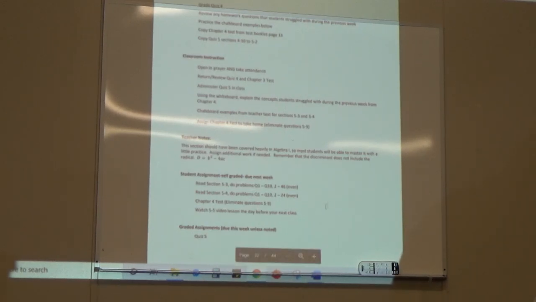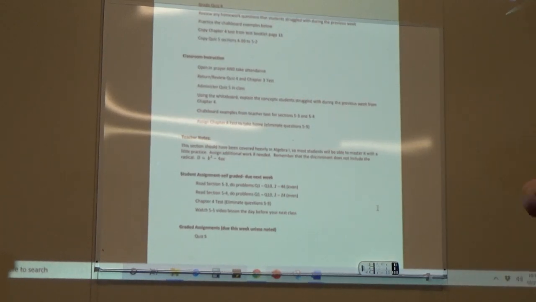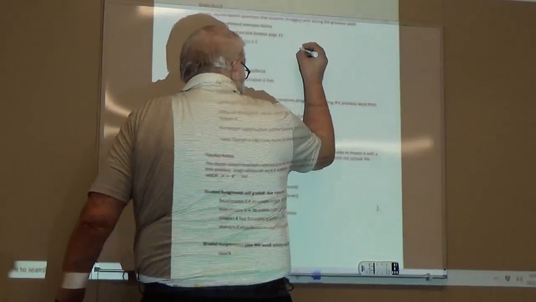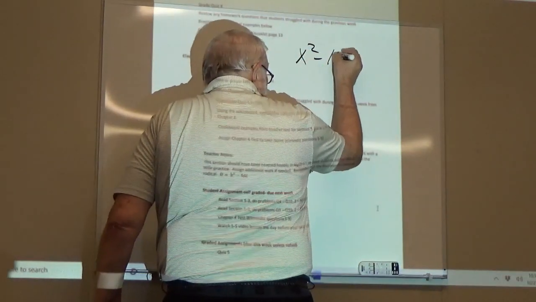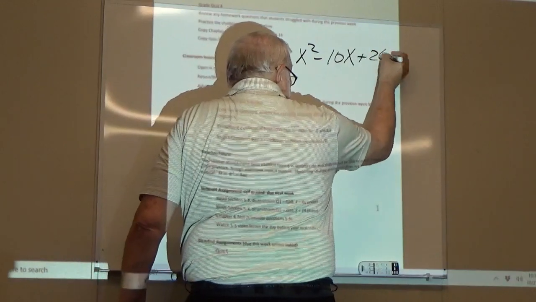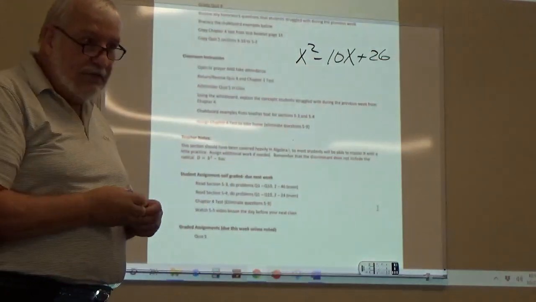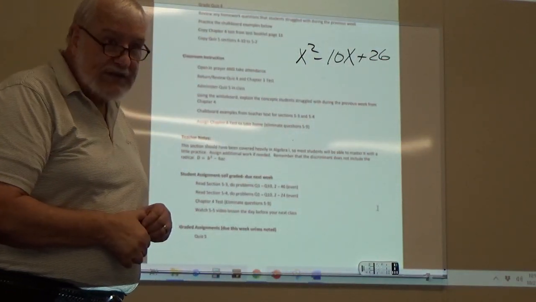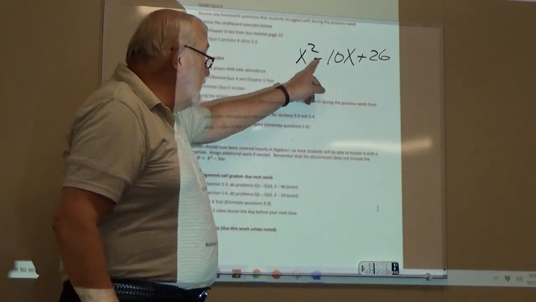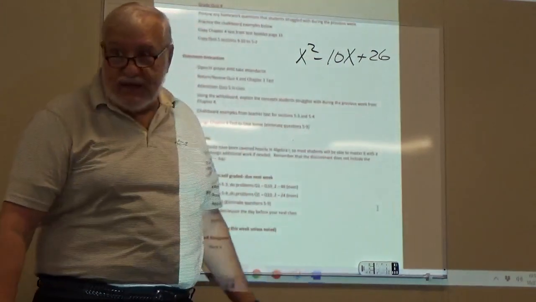All right, so on page 194, if you do the quadratic formula, let's see, we have x squared minus 10x plus 26. First of all, if we do b squared minus 4ac, we have 100 minus 4 times 26.